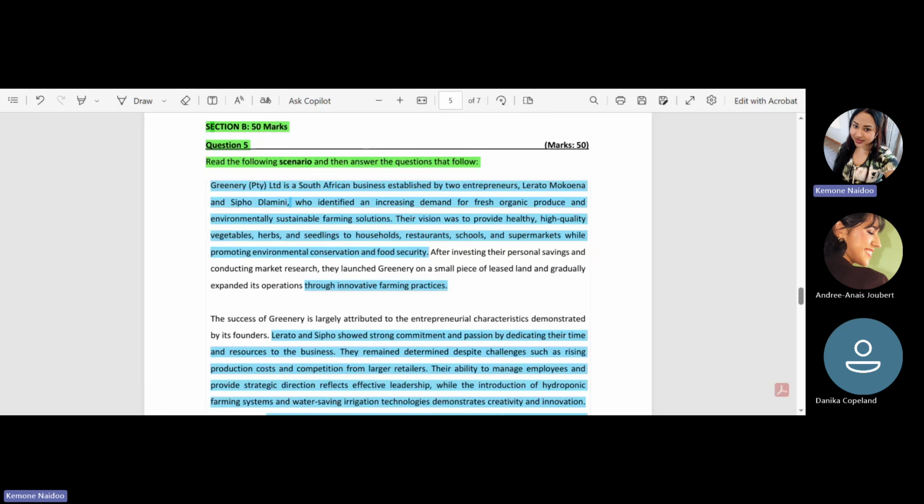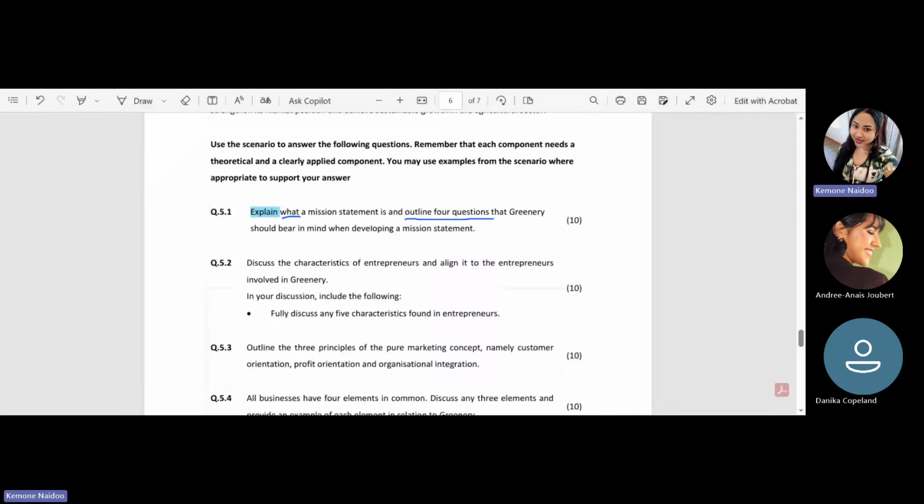So you can say, in this case, Greenery is a South African business established by 2 entrepreneurs who identified an increasing demand for fresh organic produce, right? But you can also give your own roundup explanation of this as well, instead of limiting yourself to only what the case study says.